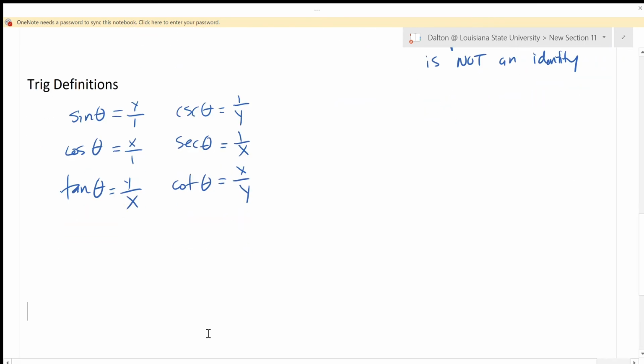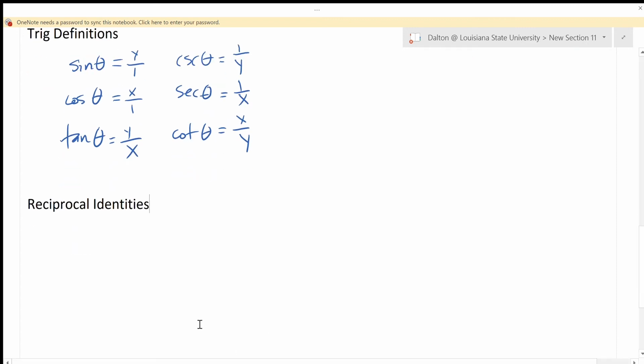Now, if we're going to use these definitions to come up with multiple identities, reciprocal identities, which means these work for every single angle on the unit circle no matter what. So this reciprocal identities, you can write these on your orange reference sheets. Can you help me to write sine in terms of cosine?